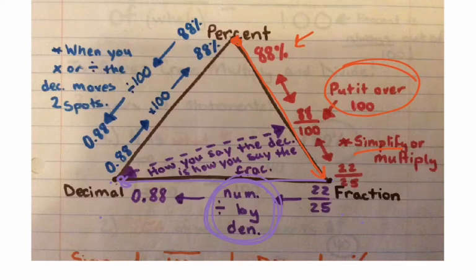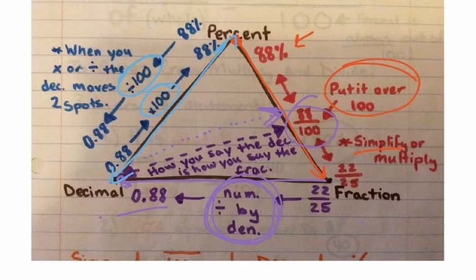The way back to your fraction is to take your decimal, and how we say our decimal gives us this kind of in-between fraction of either over 100 or over tenths or over 1,000ths, depending on what your decimal is. And last but not least, when we want to go between decimals and percents, decimal to percent, you multiply by 100, percent to decimal, you divide by 100.